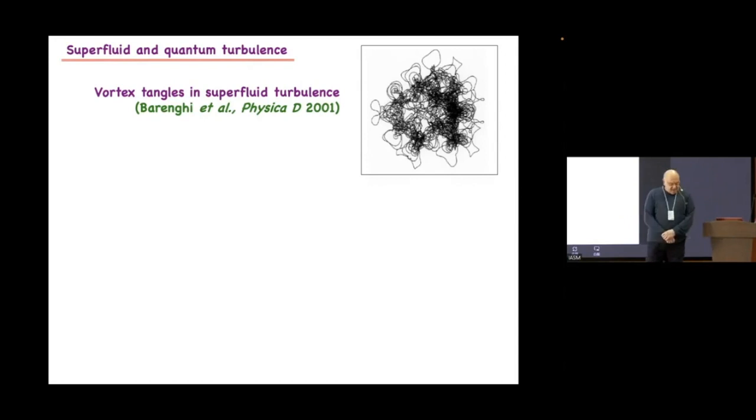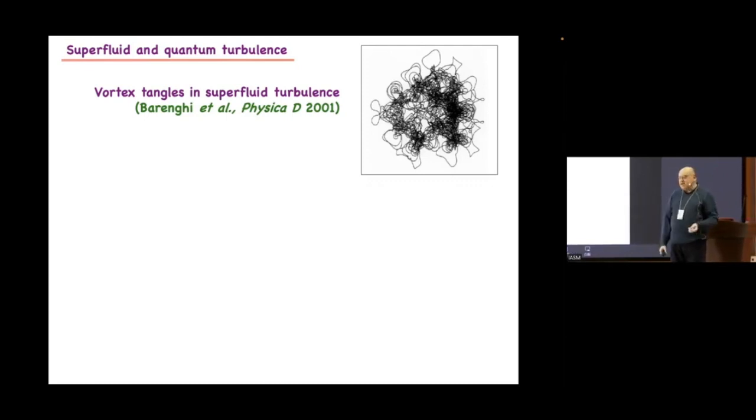And this intrigued people like me to apply geometric and topological information to analyze the evolution of these tangles, simply because vorticity is highly localized. So there is no diffusion, basically. We are talking about superfluids, and so it's consistent with the mathematical idealization of vortex tangles.